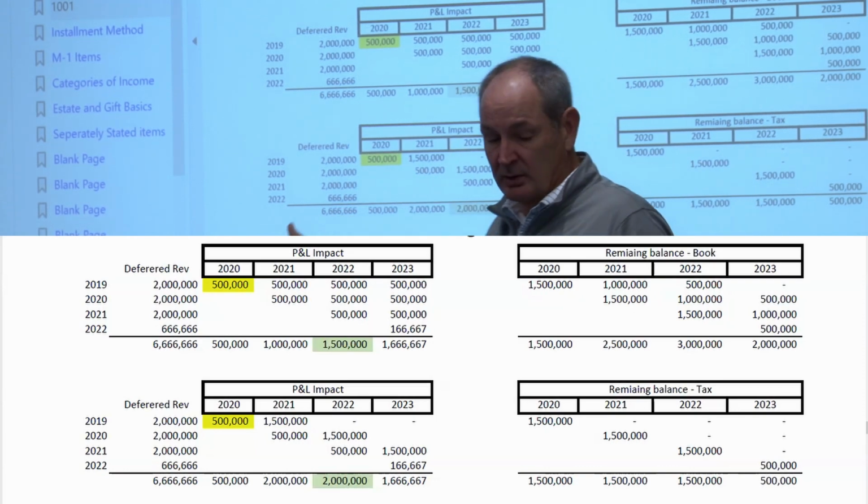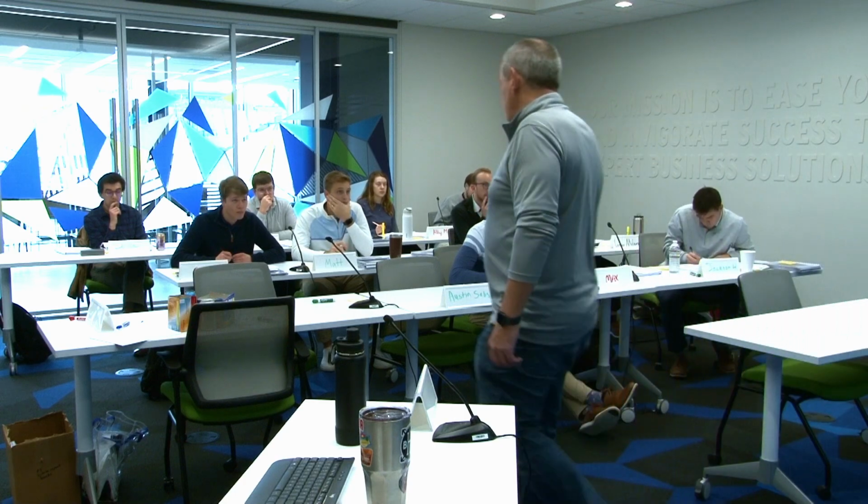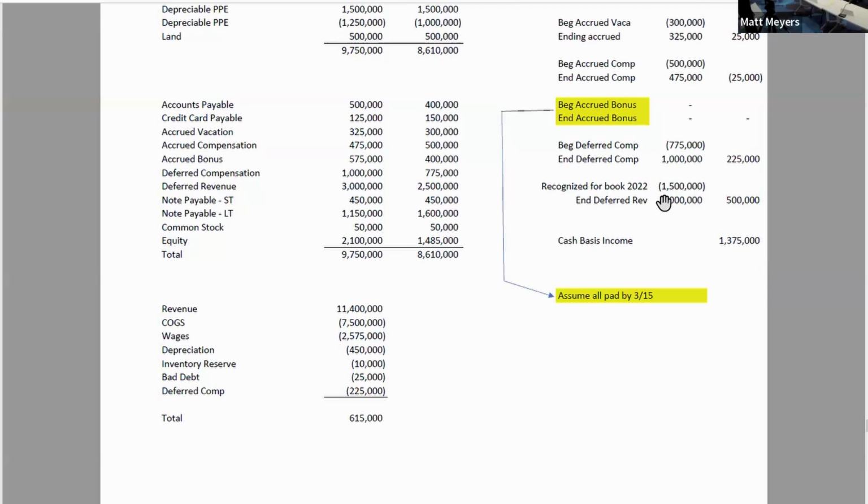And God willing, I hope that ties out to what my M1 schedule says. I got $1.5 million that I recognize for GAAP because I got to back out my GAAP treatment. I have $2 million for tax that I have to recognize because it's whatever the GAAP amount was for the current year plus whatever the previous year's deferrals that are remaining to be recognized at the end of year 2.